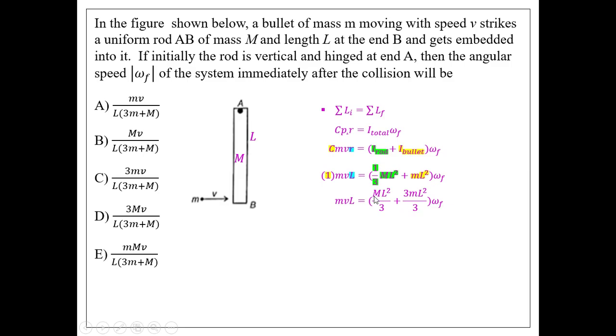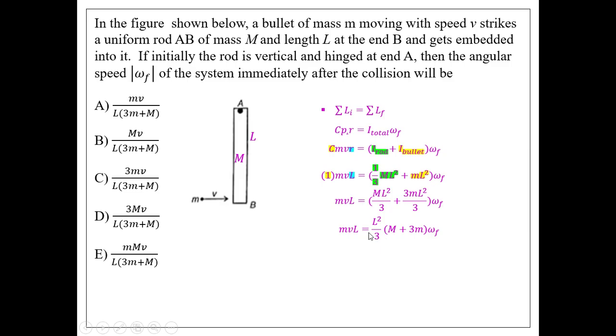But if you look here, you have a 3 on the bottom, and then you also have an L squared on top. These are like terms, so I'm just going to factor that out. Okay, so the numerator, ML squared, and then 3ML squared has L squared, so I can pull that out. And I can factor out the common denominator on the bottom as 3. So it would be L squared divided by 3, and then I would just rewrite everything that I haven't factored out, which is just M plus 3M, and then omega F once again just gets carried down here.